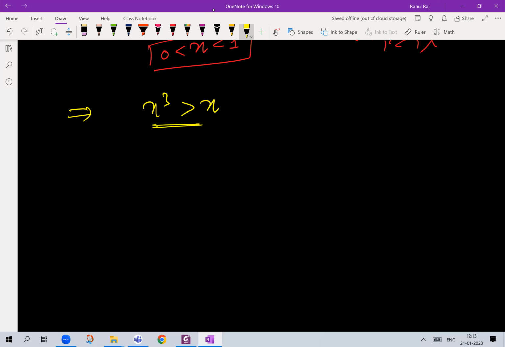Rahul, it could be x greater than 0 and less than -1. This x lies between -1 and 0. Right? Yep. Yeah, that's good.